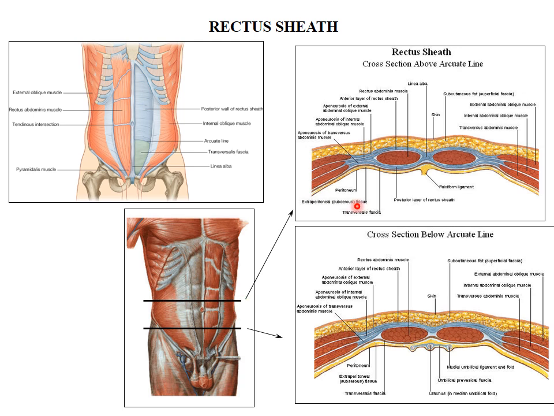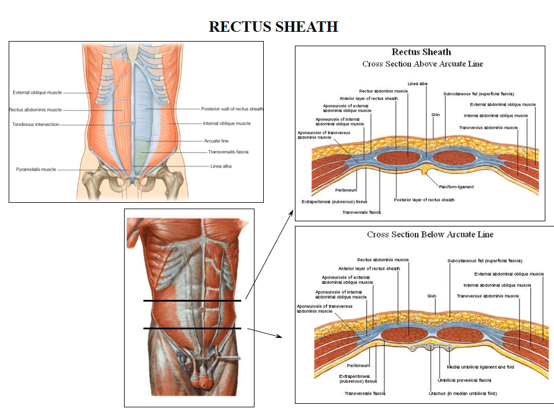This is the cross-section above the arcuate line. The anterior wall is formed from the aponeurosis of the external abdominal oblique muscle and the superficial lamina of the internal abdominal oblique muscle, and the posterior wall from the deep lamina of the internal abdominal oblique muscle and the aponeurosis of the transversus abdominis.